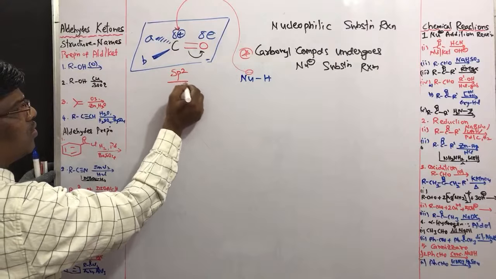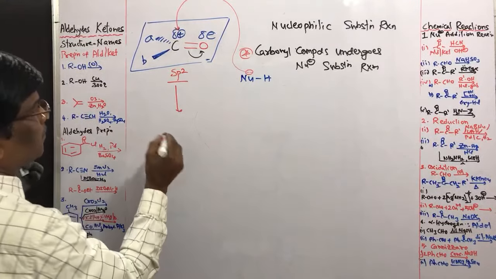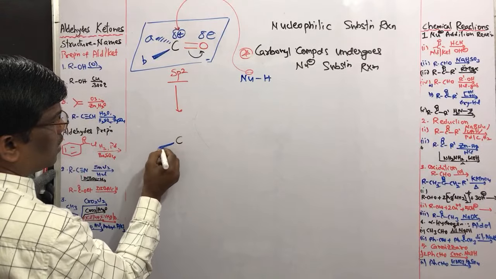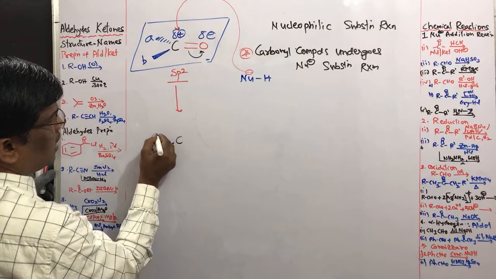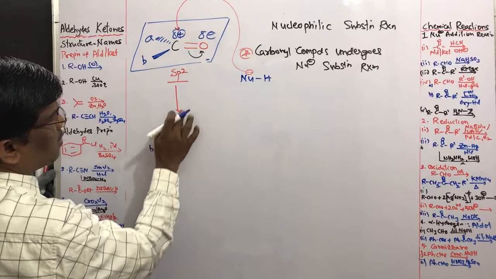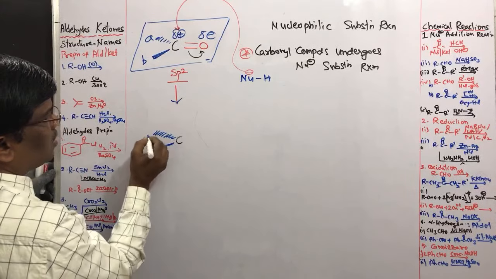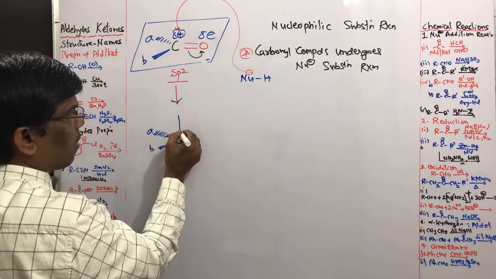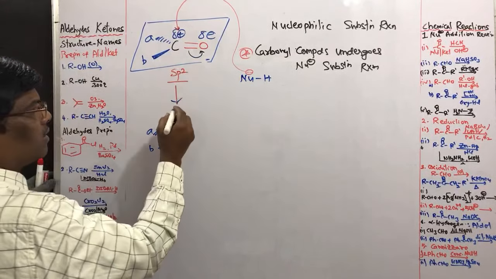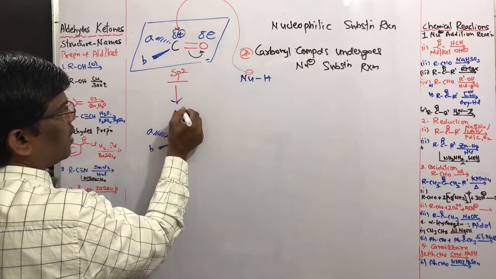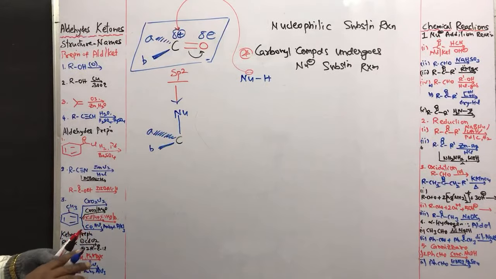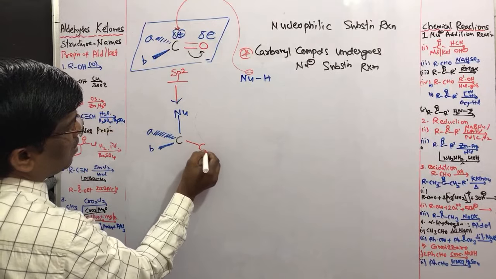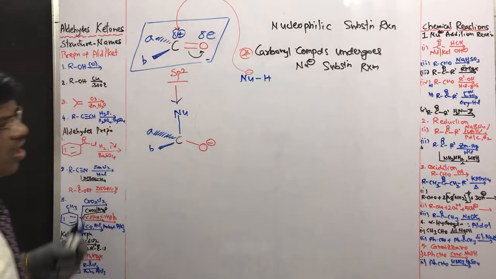Now it is going to form carbon with A and B, the same, and it is coming above the plane, taking up this orientation, and oxygen is going to be negatively charged.